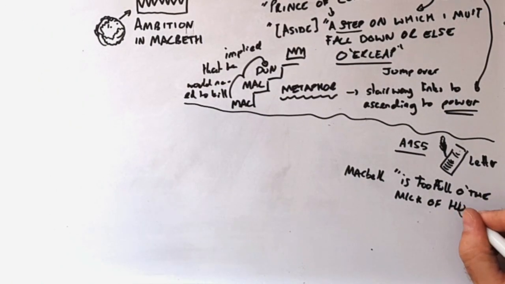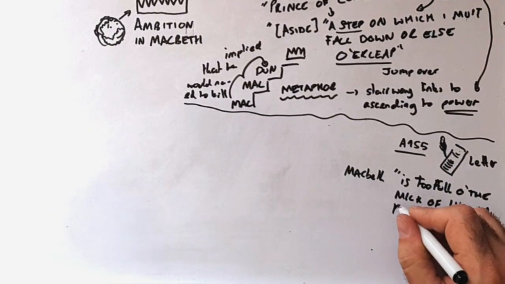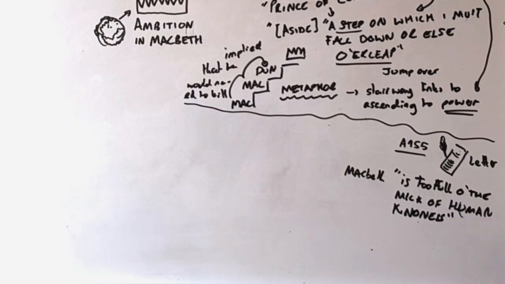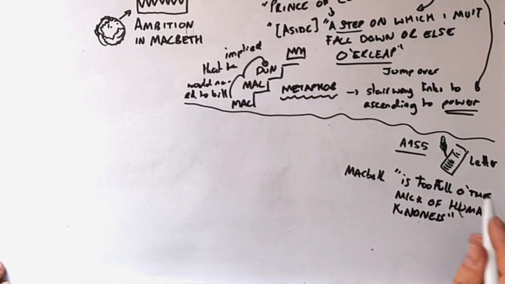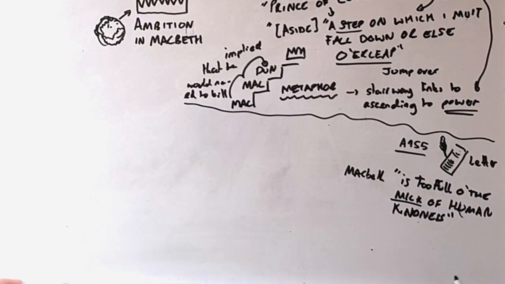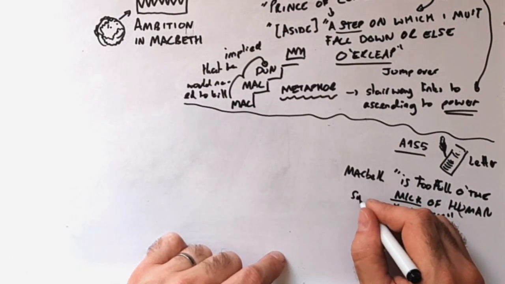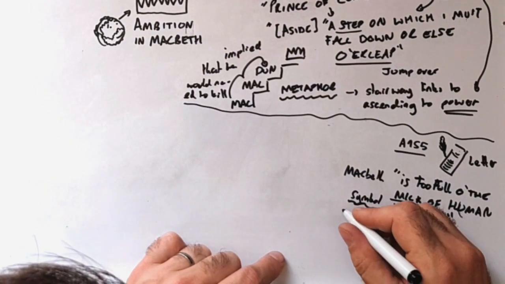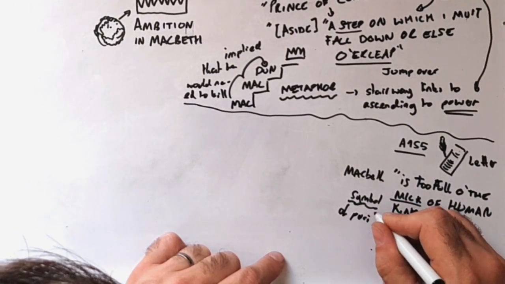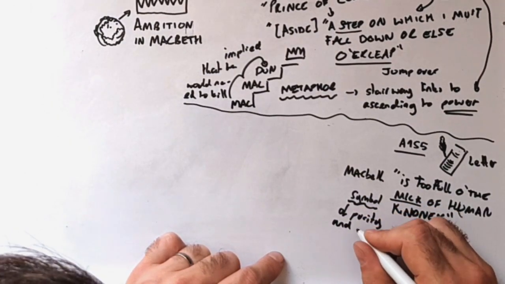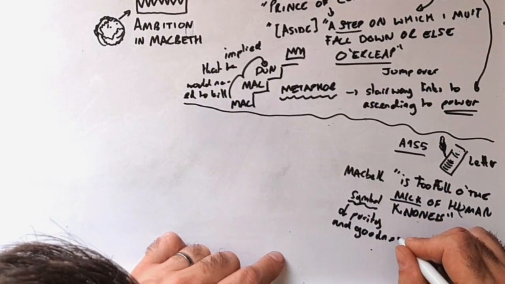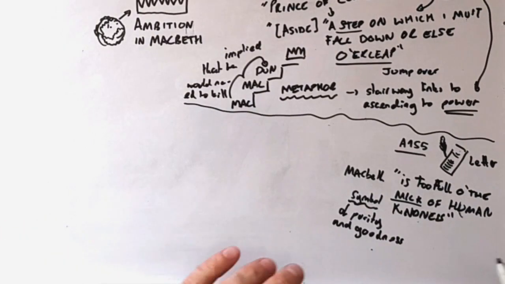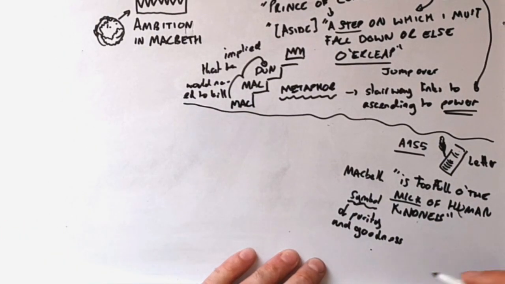And this is a great quote to look at because you've got all this symbolic language, the idea of milk, a symbol of purity and goodness, which is Lady Macbeth saying he's too good, he's too kind, which implies she thinks he's weak.